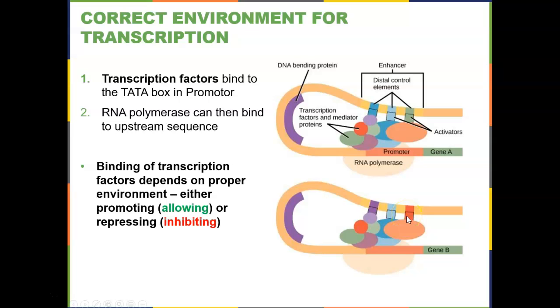And because that repressor binds, that will not allow these transcription factors to let the RNA polymerase in, and we will not get the reading of this gene. Here we will get the reading of this gene. So these are other factors which will affect the transcription factors. Here allowing RNA polymerase to bind, here not allowing RNA polymerase to bind.